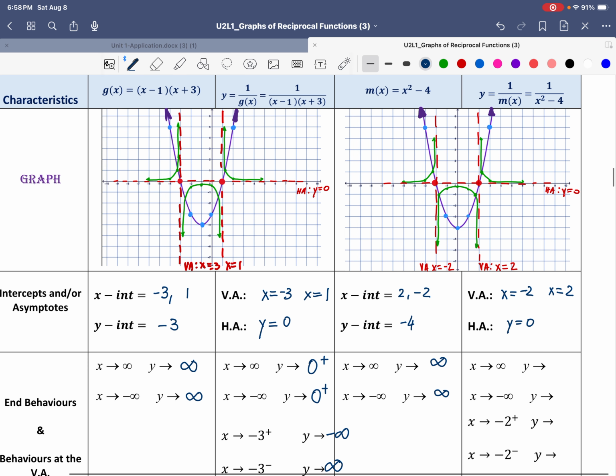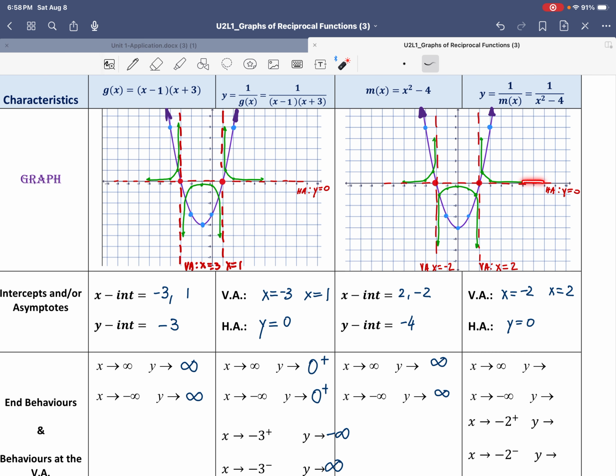And now for the end behaviors of the reciprocal, as x approaches positive or negative infinity, the y values are approaching 0 plus. Now, if you look at the vertical asymptote of negative 2, from the left-hand side, y is going to positive infinity. From the right-hand side, it's going to negative infinity.